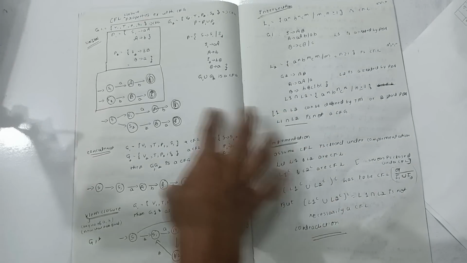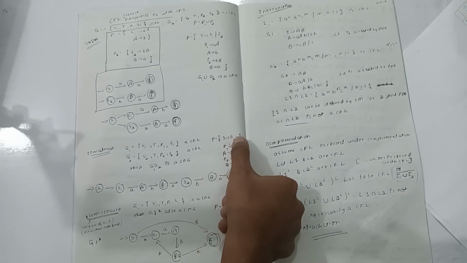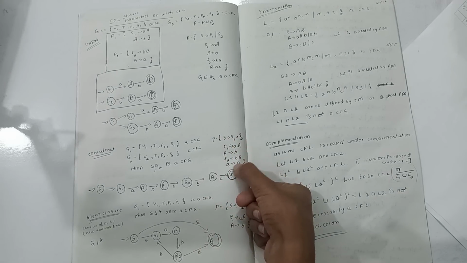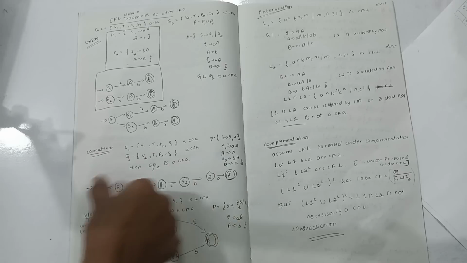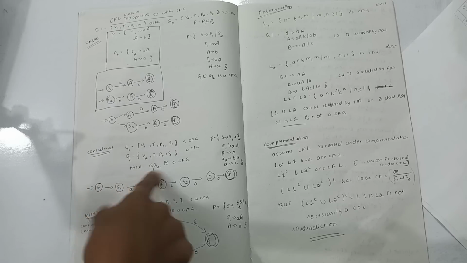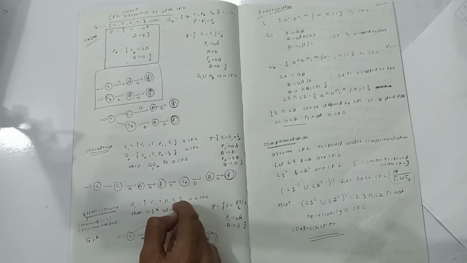Next, concatenation. The same production is there, but we are concatenating A, B and B also. B gives A, we just multiplied here. Then we can see, when we multiply, S1 with the help of epsilon, we created a new start and final state.